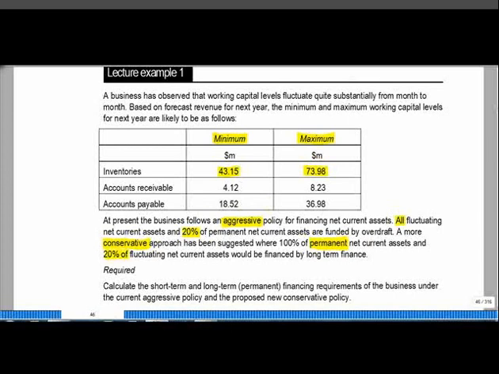So because we're using long-term finance to fund some of our fluctuating net current assets, that's what makes it a conservative approach. And the requirement of the example is to calculate the funds involved under either an aggressive or a conservative approach in terms of how much short-term and how much long-term finance you're going to use.